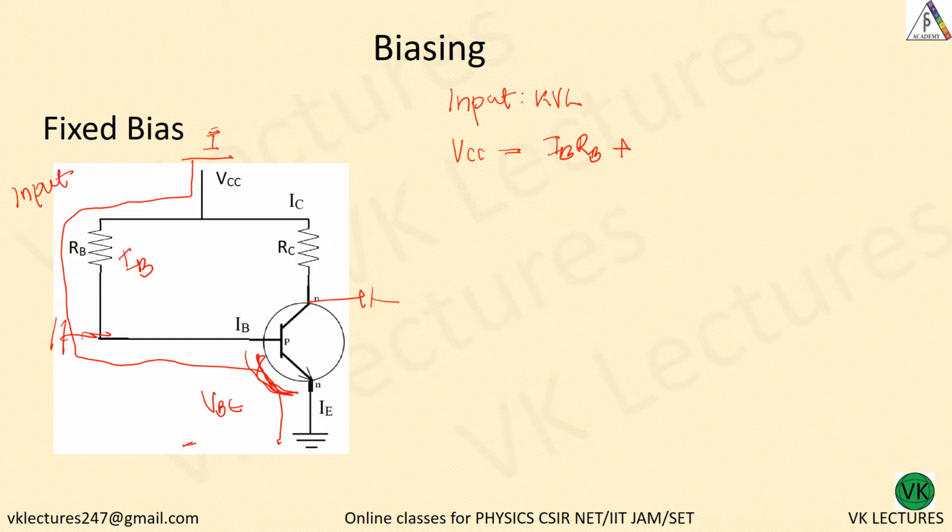That value is usually around 0.7 for silicon and 0.3 for germanium, plus 0.7 volt. Now what we want is IB, the current flowing into the base of the transistor. IB is equal to VCC minus 0.7, or VBE, divided by RB.